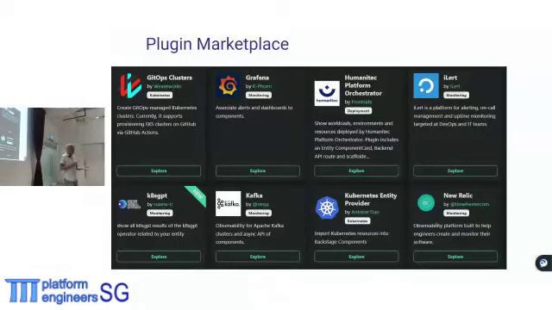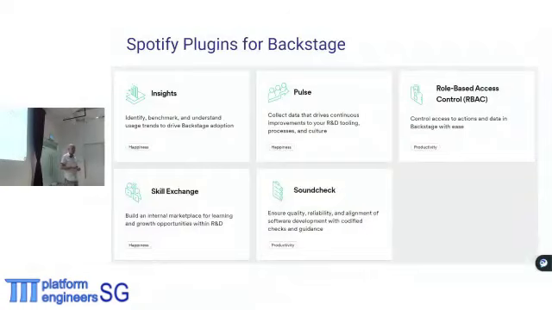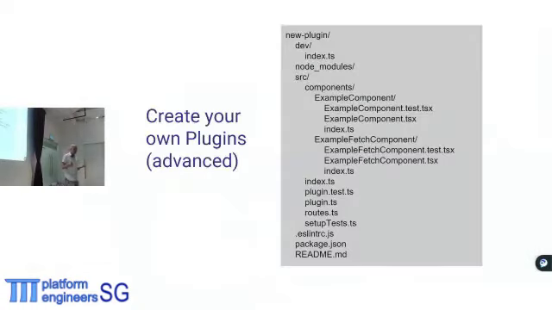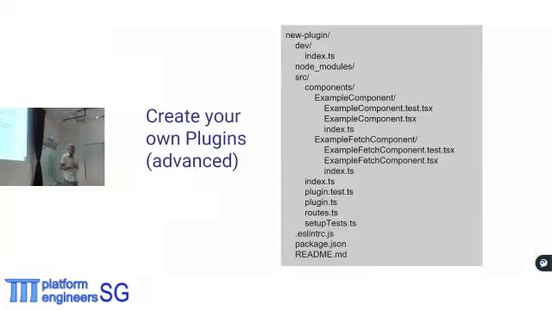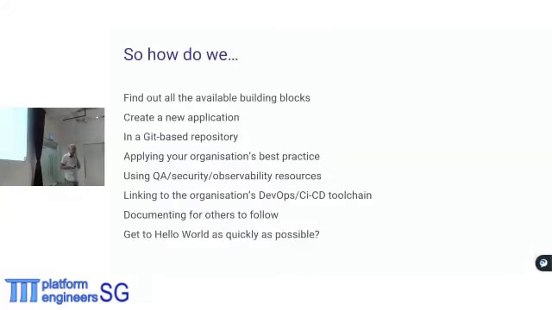So if you have a specialized system that only you use or that you've built, you can build a plugin for Backstage to connect to that, and then have it presented on your screen. Spotify themselves have created some plugins, and there are a couple of other organizations that have been quite prolific in creating plugins for Backstage.